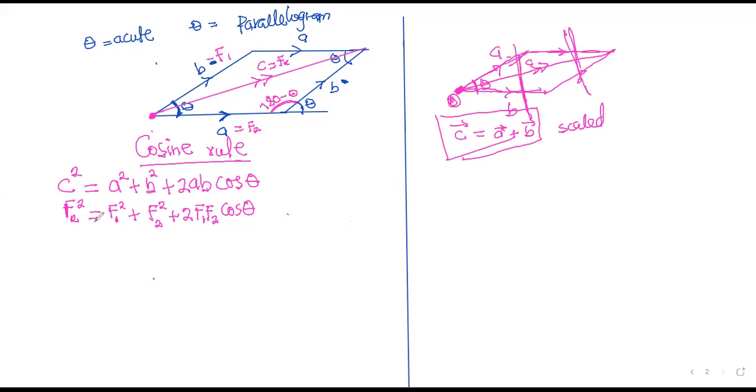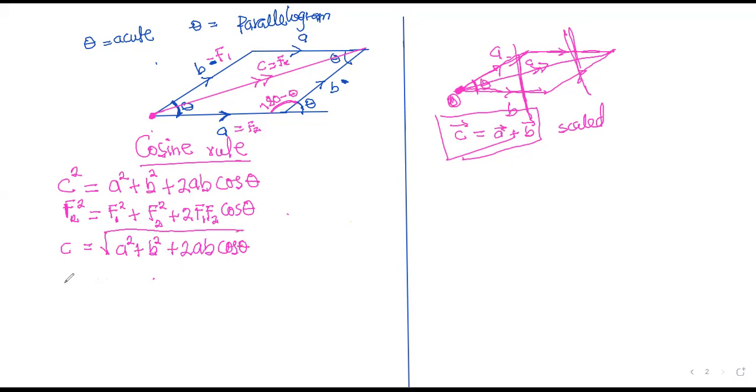Therefore, if A, B, and C, then C would be equal to the square root of A squared plus B squared plus 2AB times the cosine of the angle theta.